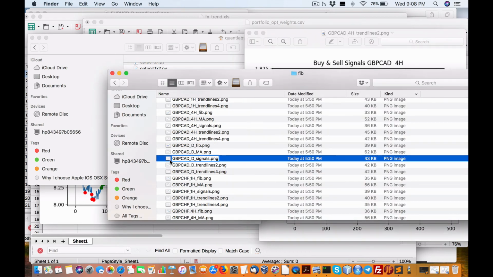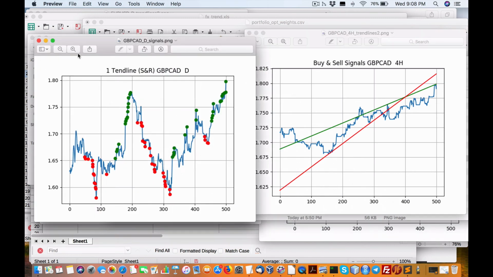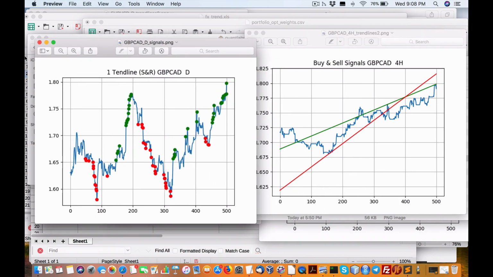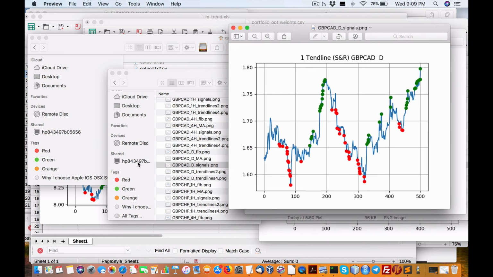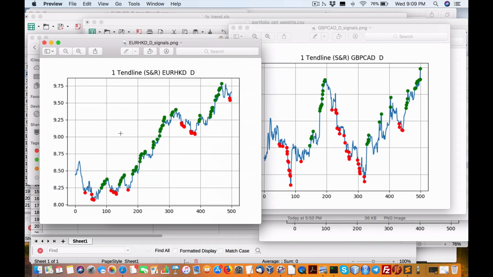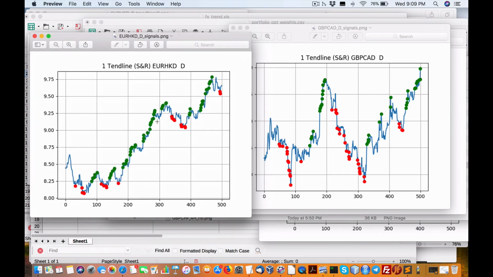If you were to compare this British pound and the Canadian dollar buying versus selling signals, as I said, you probably get half buys, half sells signals over a year using a buy and hold. Whereas if you put the same amount of capital in for a year, buy and hold, you'll make a lot more money on the Euro Hong Kong dollar. And that's why we do what we do.